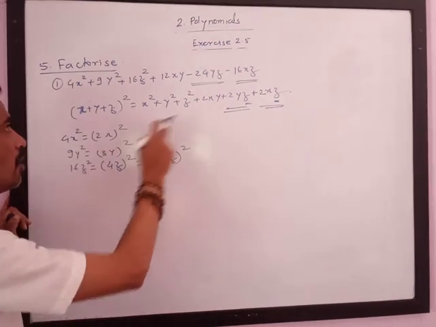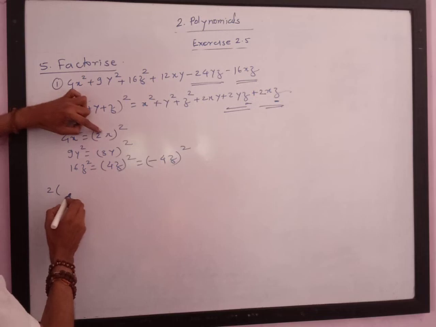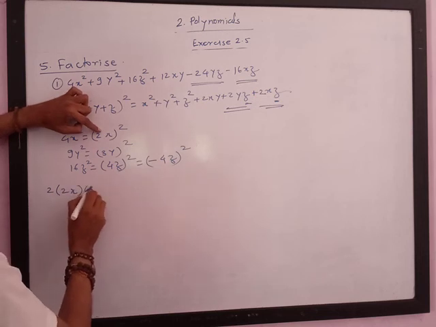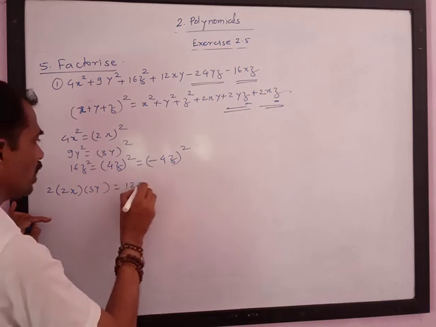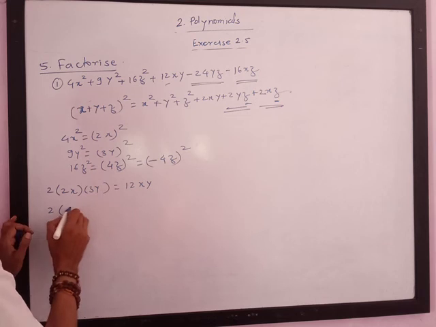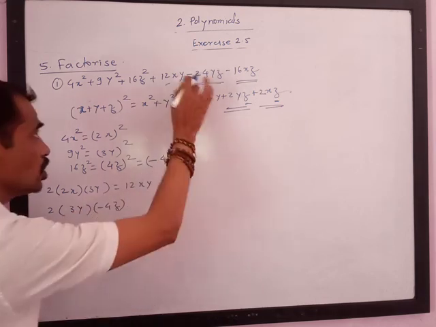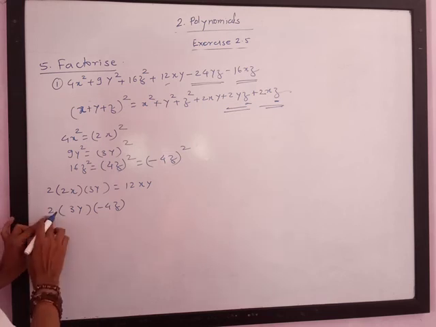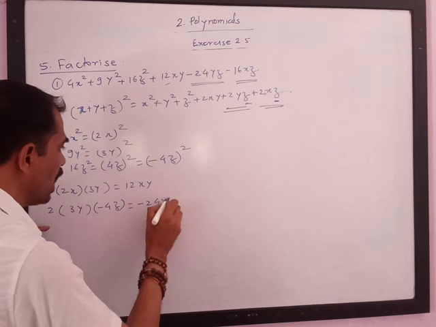Now let us check whether we are getting the middle terms or not. That is 2 multiplied by first and second: 2 multiplied by 2x into 3y, that is 2 2s are 4, 4 3s are 12xy. So we have got the next term. Let us check 2 multiplied by second and third, that is 3y into negative 4z, since these two terms are negative. So we will get 3 2s are 6, 6 4s are 24, negative 24yz.